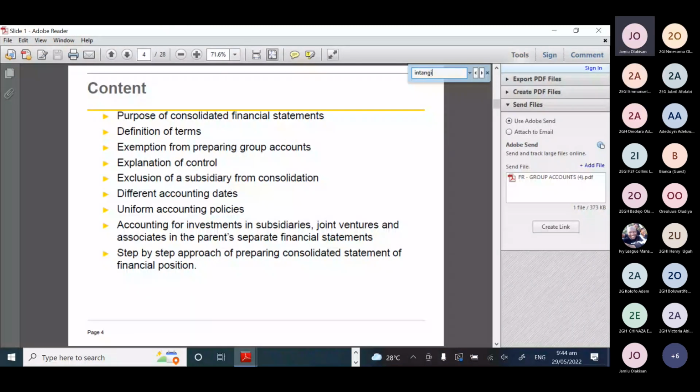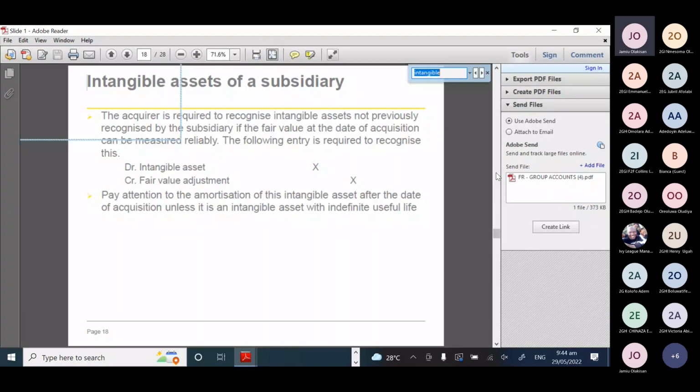Okay, thank you. So there's no point even checking out what I wanted to check out. At least you saw it when I mentioned in the slide that the acquirer is required to recognize intangible asset not previously recognized by the subsidiary, are we together, if the fair value at the date of acquisition can be measured reliably.